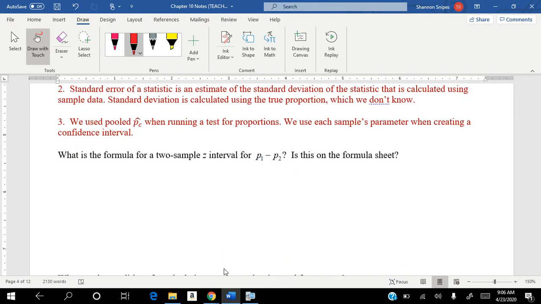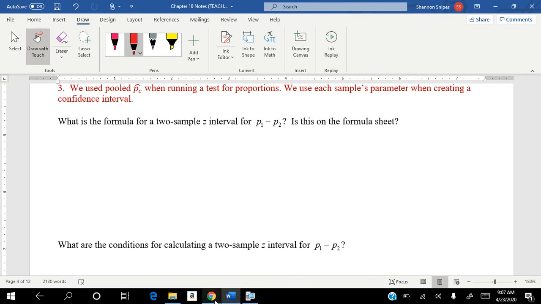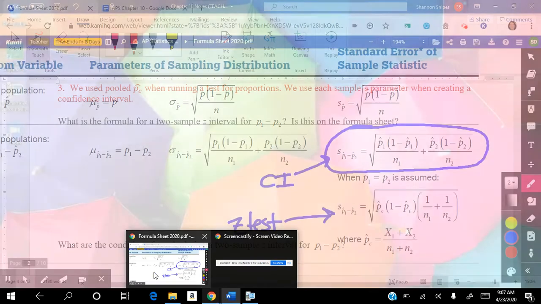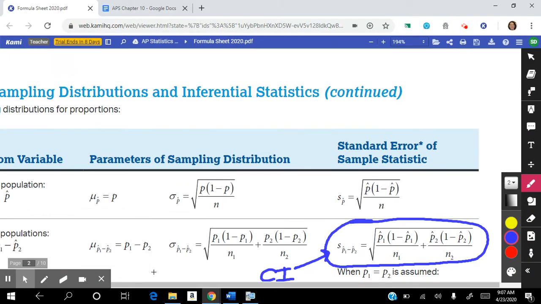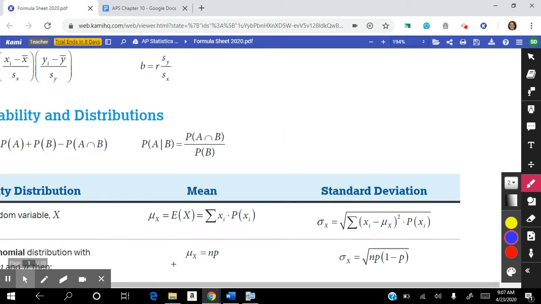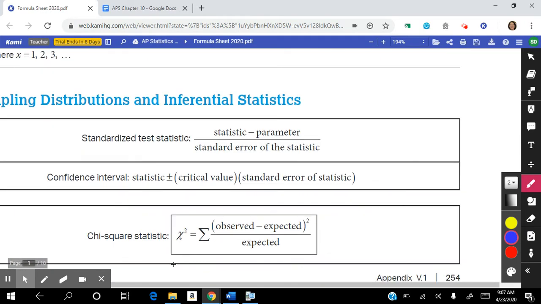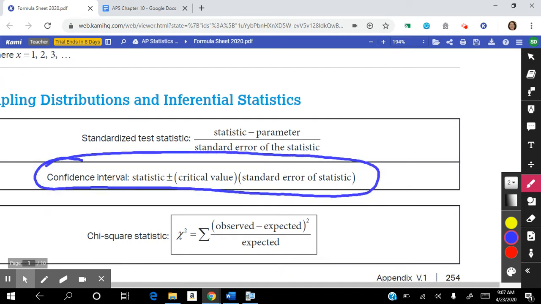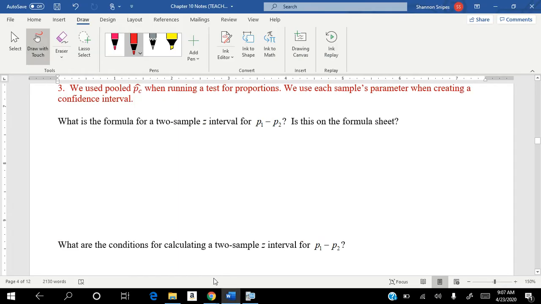So what is the formula for a two-sample Z interval for p1 minus p2, and is this on the formula sheet? So back to your formula sheet. We don't have an official formula on your formula sheet for your confidence interval. We just have these words. That is your statistic plus or minus your critical value times the standard error of your statistic.